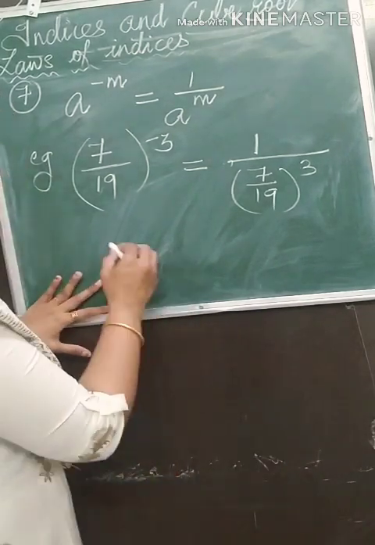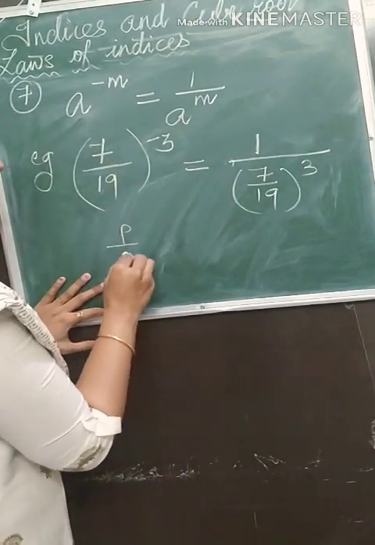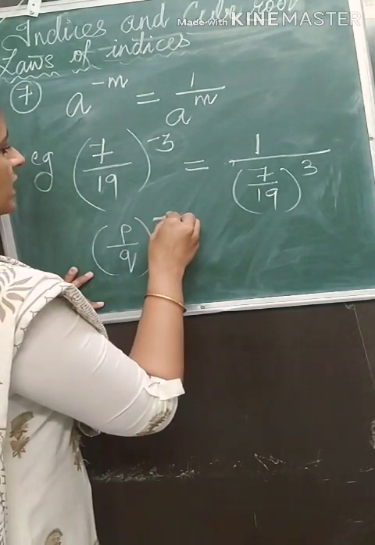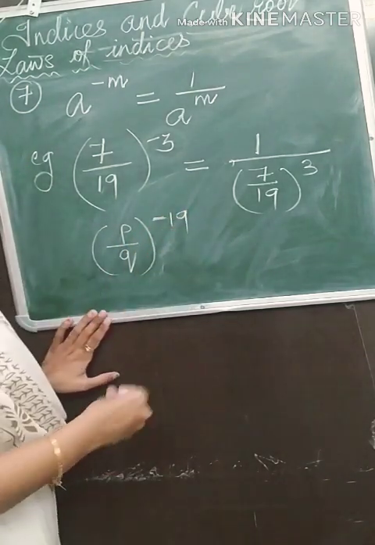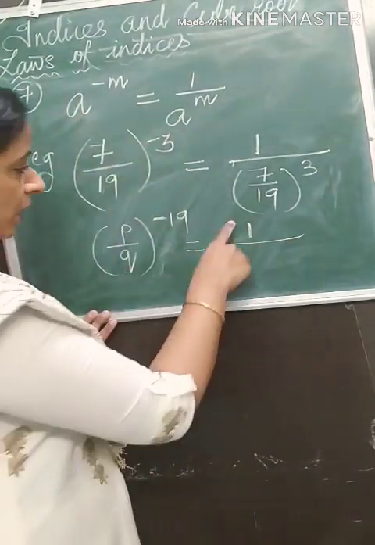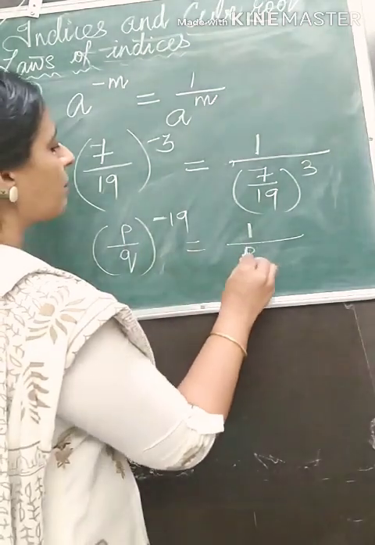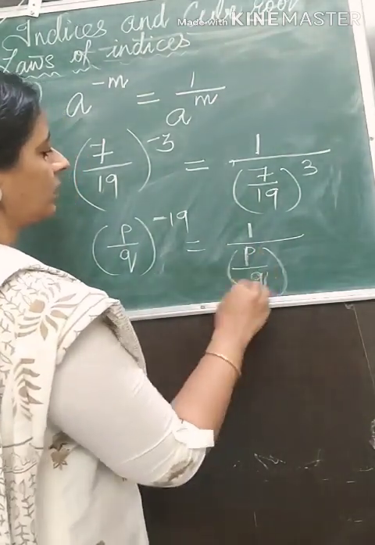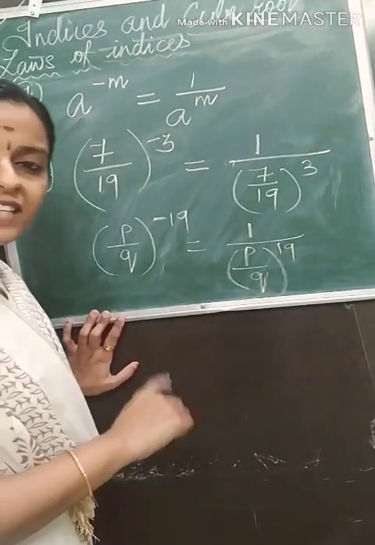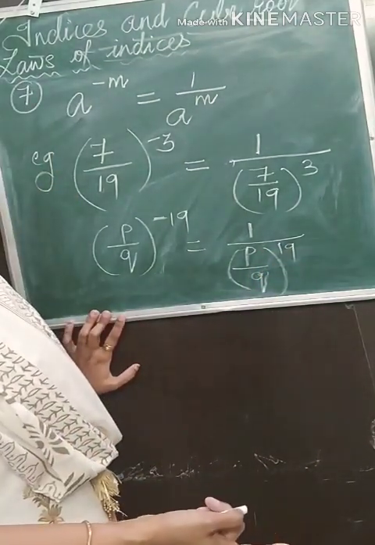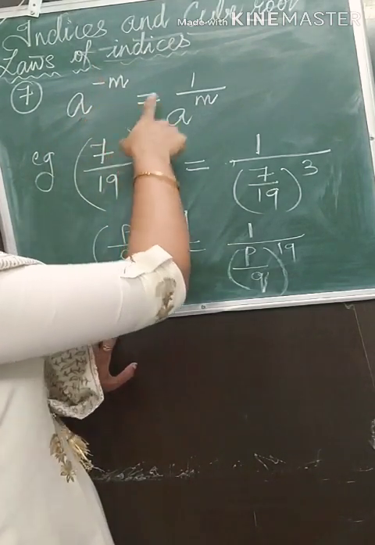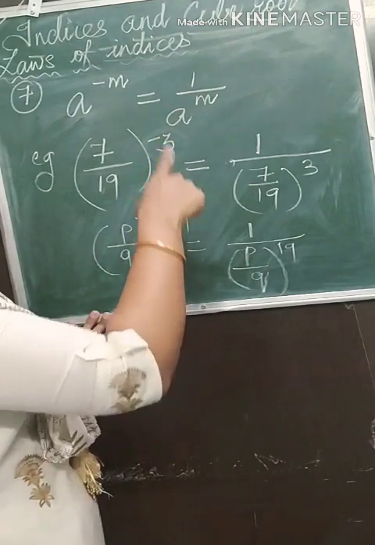Another example, suppose I have p upon q, the whole raised to minus 19. What will be the answer? 1 upon, remember to put 1 upon, p upon q, the whole raised to plus 19. Minus 19 will become plus 19. Just see, minus m will become plus when you take 1 upon that.